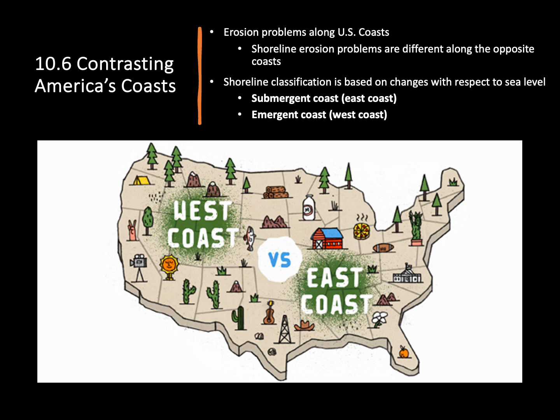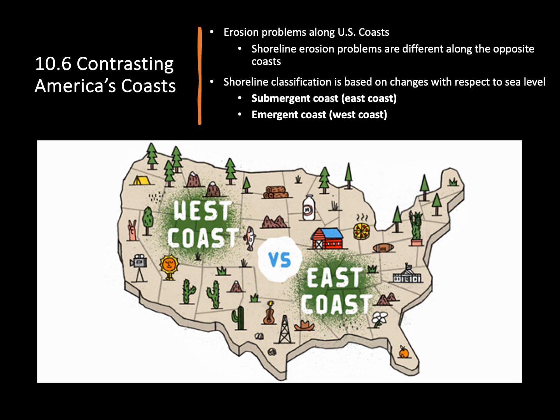So when we're looking at east versus west coast, our east coast is called a submergent coast, while our west coast is emergent. And here the difference is all in respect to sea level, whether sea level looks like it's rising in the area or if sea level is falling.